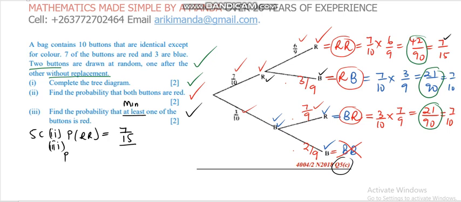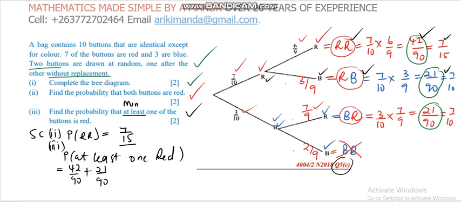It says probability of getting at least one red, or minimum of one red. What do we get? Here we said we'll get two red, so the probability is 42 over 90. Plus this combination with at least one red, the probability is 21 over 90.